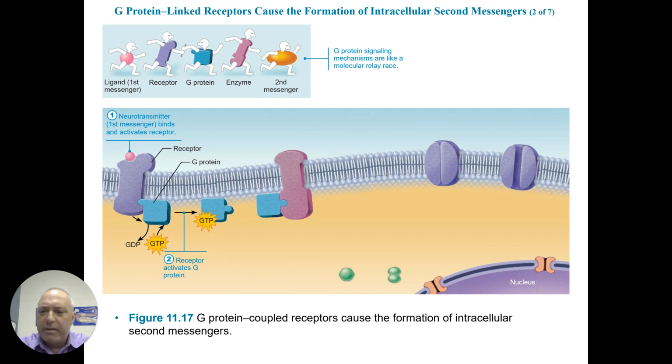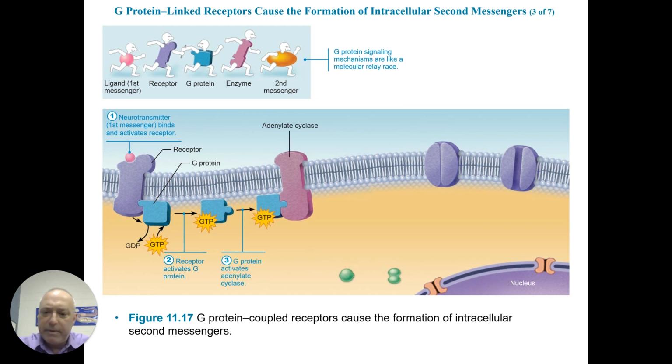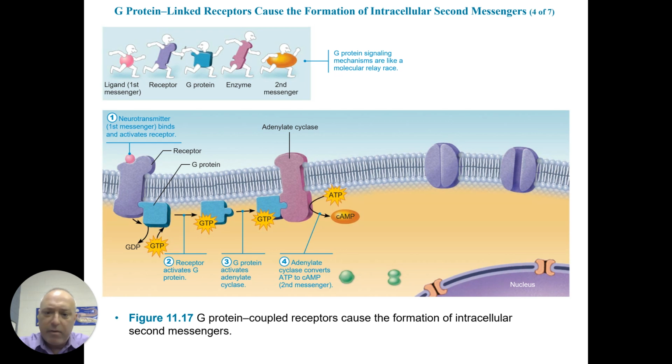So the first step would be the neurotransmitter binding through its receptor. The second step activates the GTP binding protein. GTP then binds to a protein called adenylate cyclase, which is going to create cyclic AMP, which is a very important intracellular messenger.